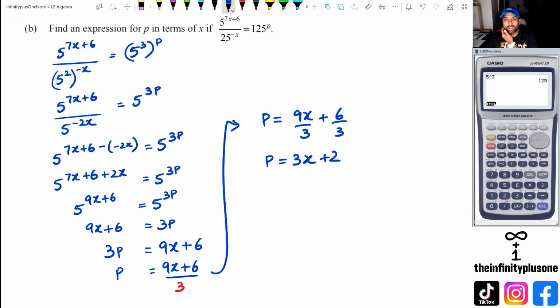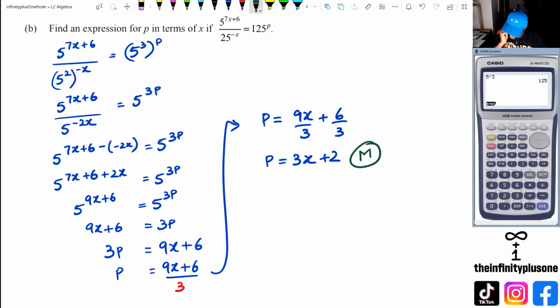So grades wise, what we're looking at is getting the 3x plus 2. Simplification is not required. As long as you put p equals x on the other side, you can actually end up getting a merit for this question.